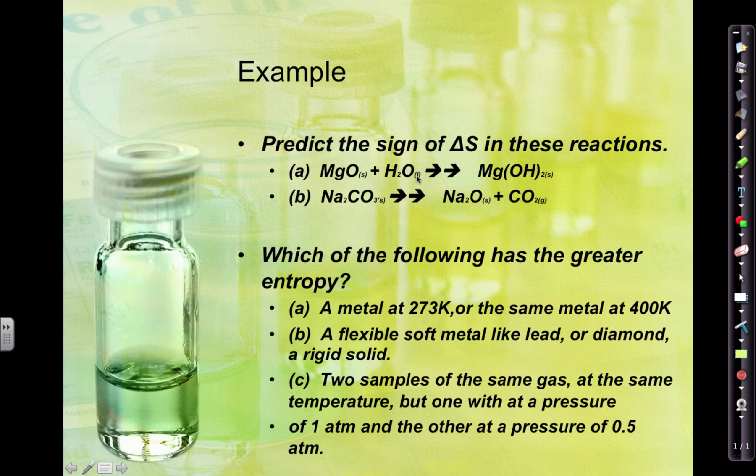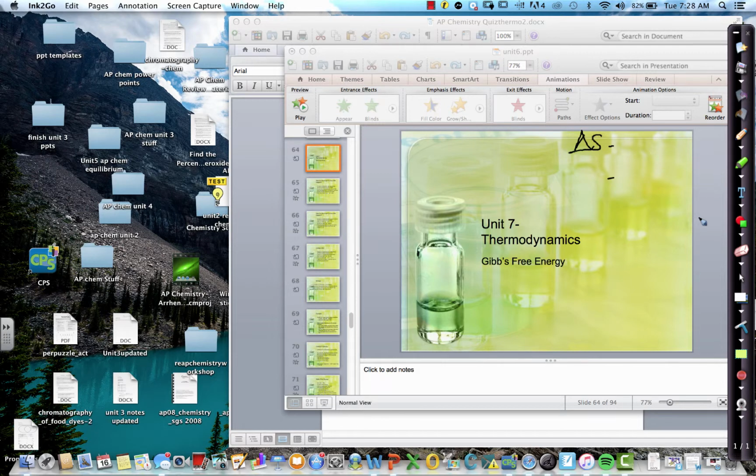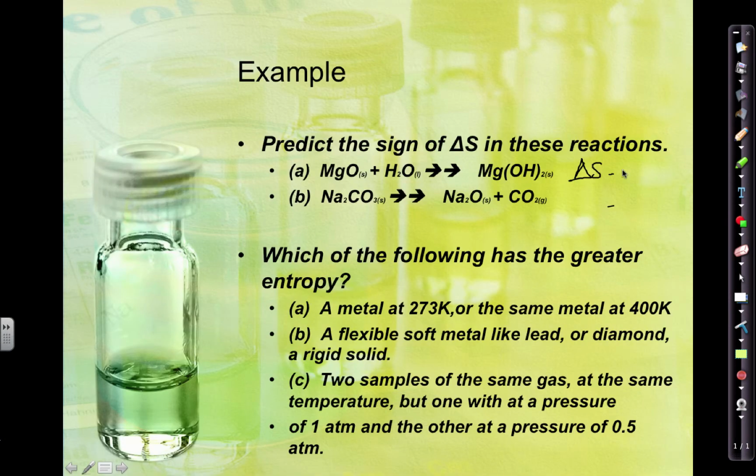Well, I went to something more ordered because I only have one particle on the product side. So that means that delta S will be negative here because there's more order.